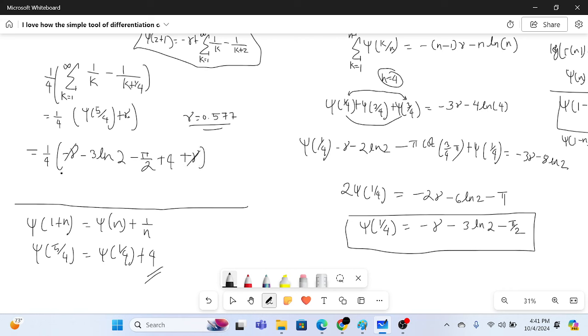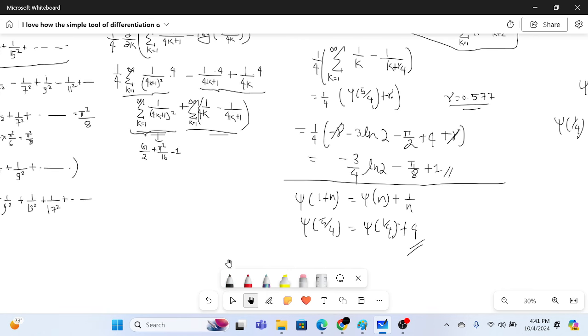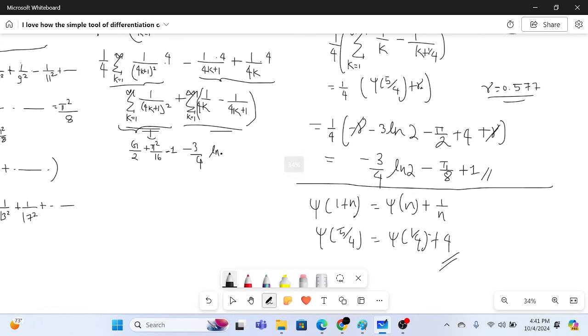This cancels out and I get minus 3 by 4 ln 2 minus pi by 8 plus 1, right? Okay, yeah. Now finally we did this sum as well. This one actually looks pretty simple, but this has a very complicated sum, right? Yeah. What to do? Now this is minus 3 by 4 ln 2 minus pi by 8 plus 1.